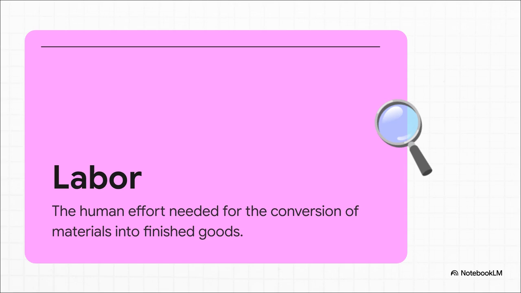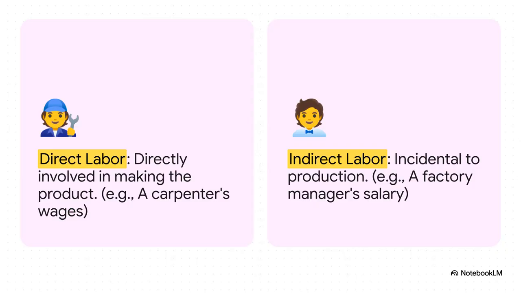All right, next element, labor. This is the human power, the skill, the time, the sweat that goes into turning a pile of wood into a table. It's the doing part. And you've probably guessed it by now, just like with materials, we've got to split this one up too. So here's the deal. The carpenter who is physically cutting the wood and assembling the table, that's direct labor.